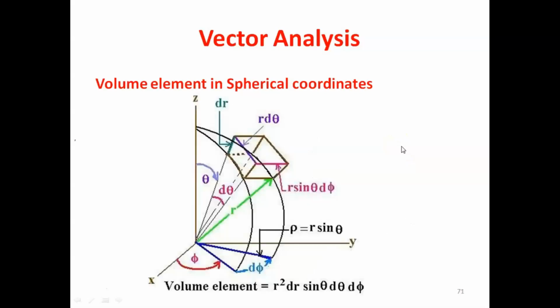So here this diagram reveals a better version of the arc lengths concerned.